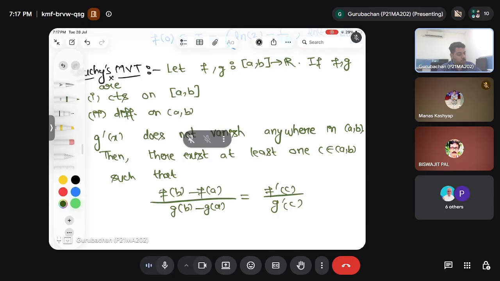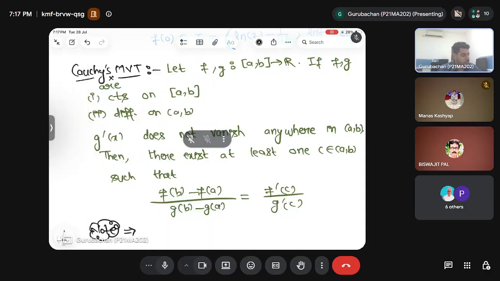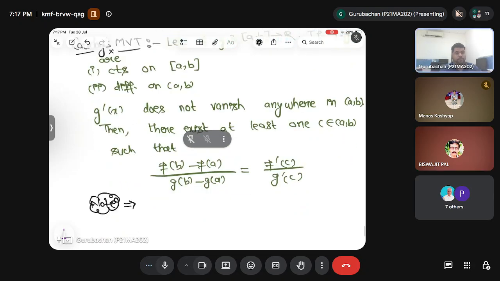So earlier I told you this is a generalized case of even Lagrange mean value theorem. Can anybody tell me how it is a generalization of Lagrange mean value theorem?